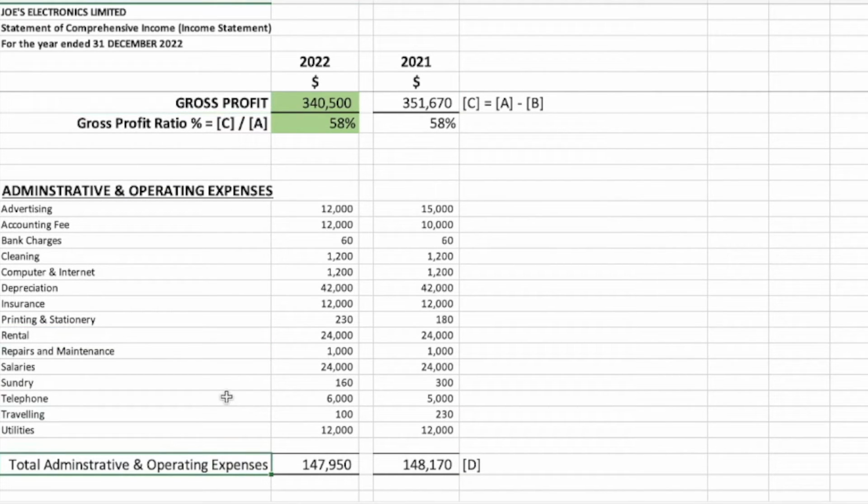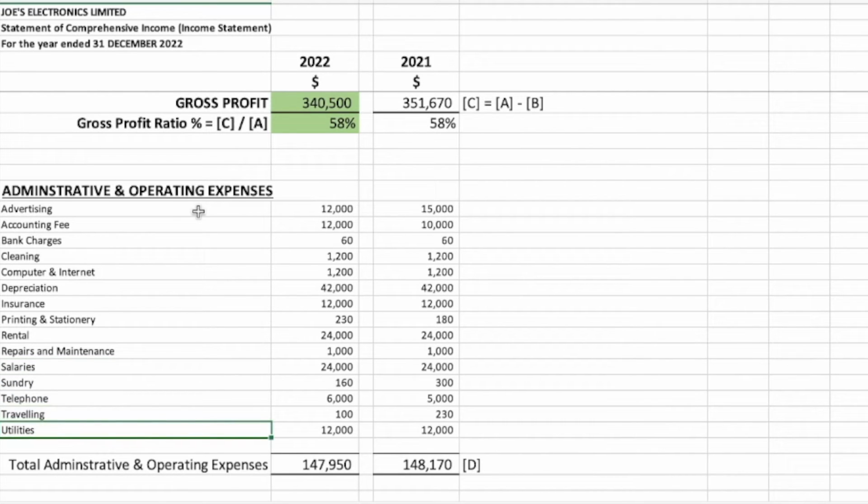income statement here. We see advertising, accounting fee, bank charges, cleaning fees, computer and internet, depreciation, insurance, printing and stationery, rental, repairs and maintenance, salaries, sundry expenses, telephone expenses, travel expenses, and utilities.